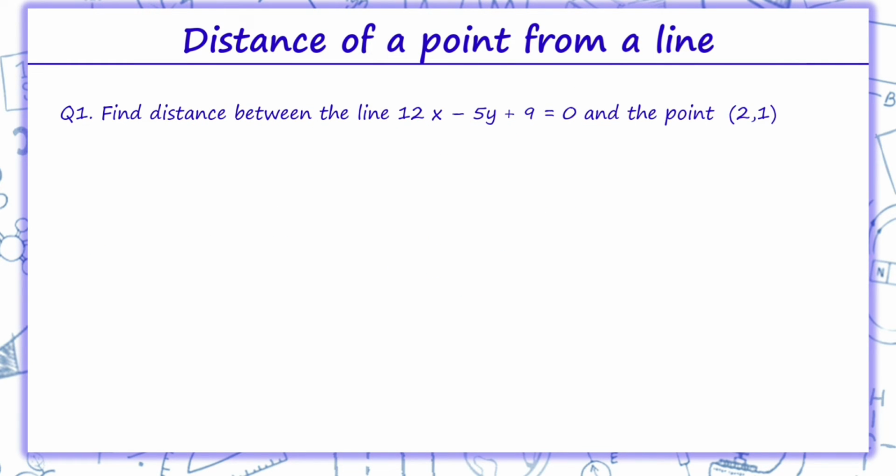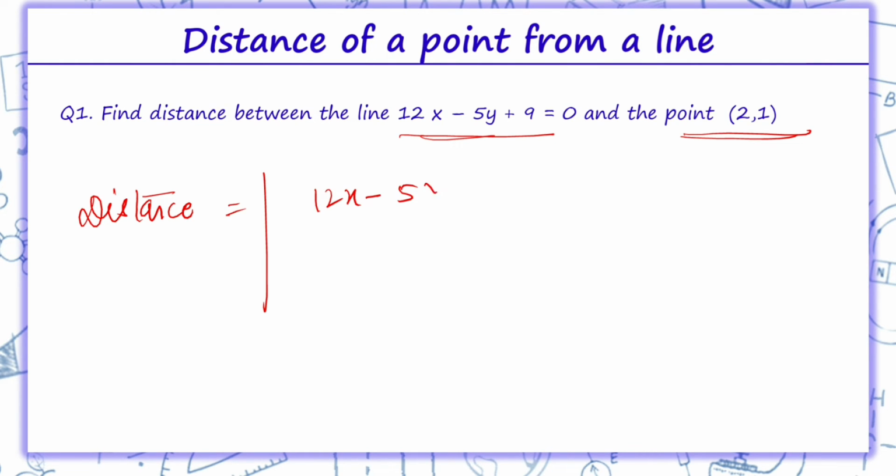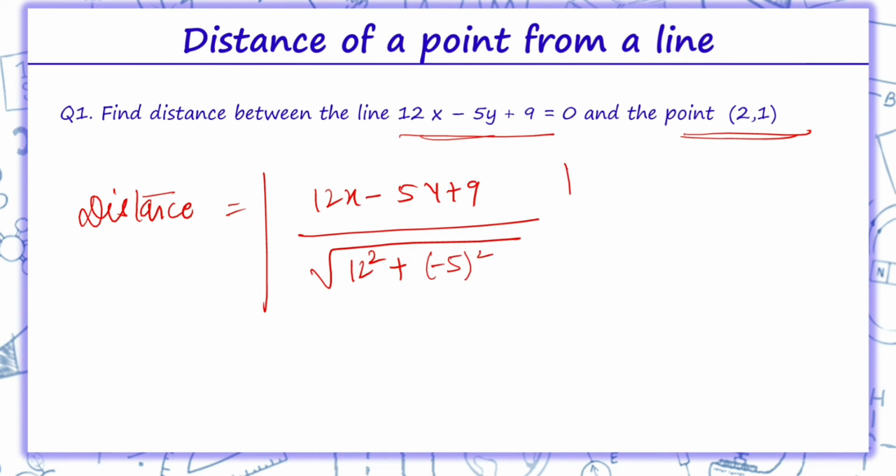So coming on to the question, the distance between the line and the point. The distance is equal to the given line, 12x minus 5y plus 9, divided by the square root of the coefficient of x square, which is 12 square, plus the coefficient of y square, which is minus 5 square.